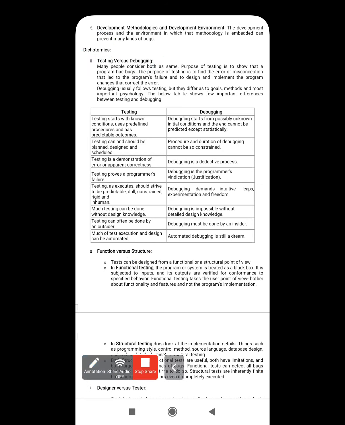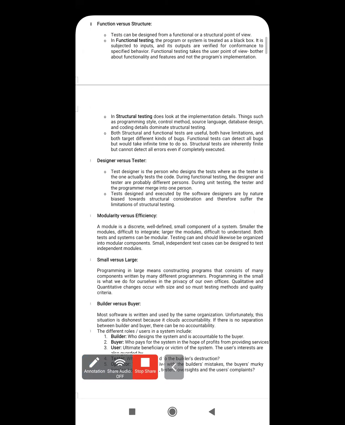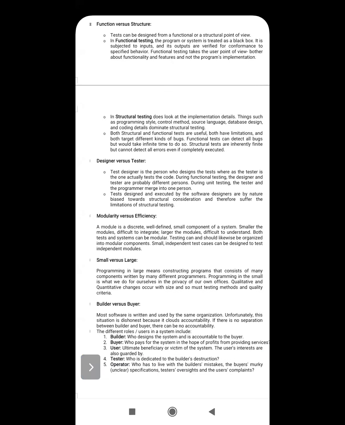Next, verification versus validation, and so on, up to small versus large. These are the 7 different types of differences between any two dichotomies.